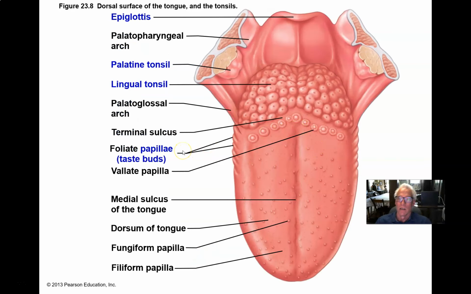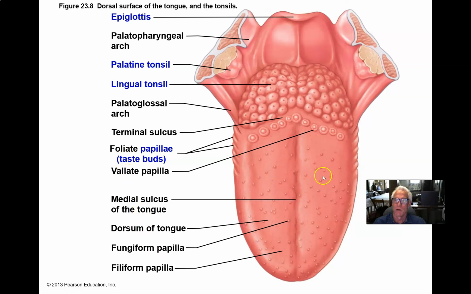The tongue, this muscular structure, is like a complex interlacing of skeletal muscle fibers traveling every which way, so the tongue can do all kinds of mechanical movement hijinks. And the surface of the tongue is covered with various types of taste buds, papillae. There's foliate papilla, vallate papilla, fungiform papilla, and filiform papilla.